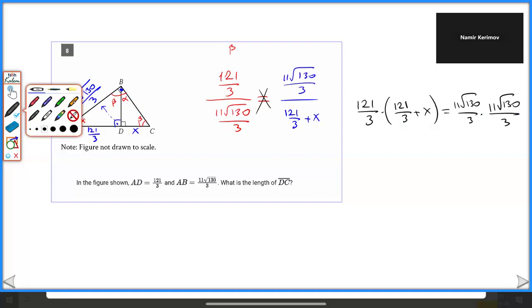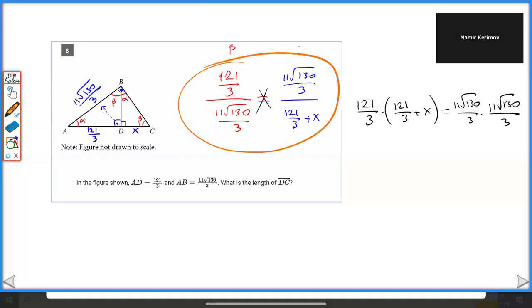Here it's better to eliminate. By the way, we can use decimals. Yeah, that's what I did. Now, x is 3. Or you can eliminate them. That's 3 also. That will be 121 over 3 plus x equals 130 over 3. So x is 3, which means 3 is the answer.